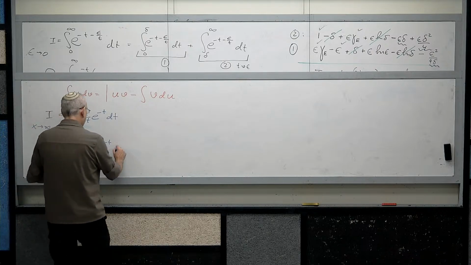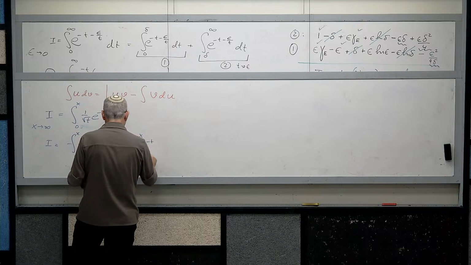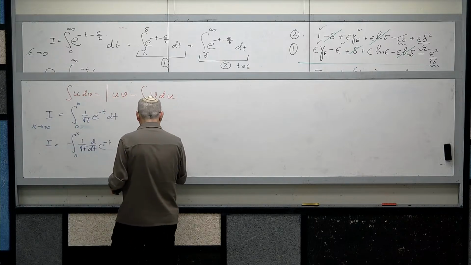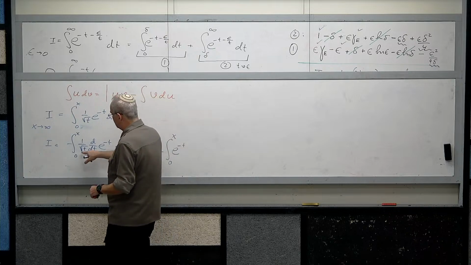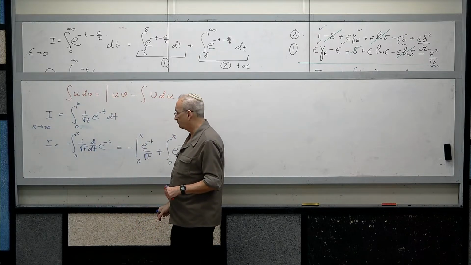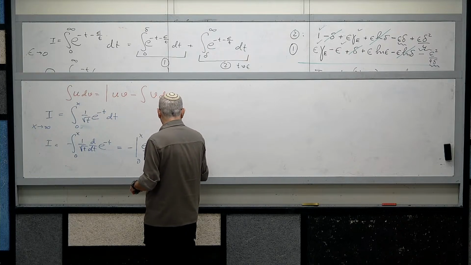Now I can use integration by parts to get minus the integral from 0 to x of e to the minus t over square root of t, plus the integral from 0 to x of e to the minus t times the derivative of t to the minus 1/2, which gives me minus 1/2 t to the 3/2 dt.